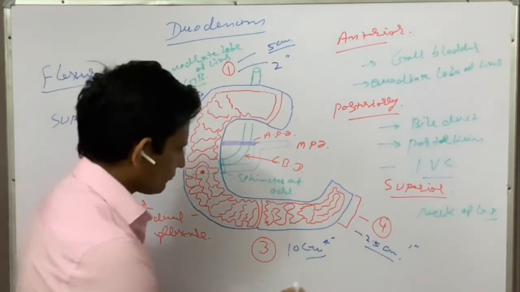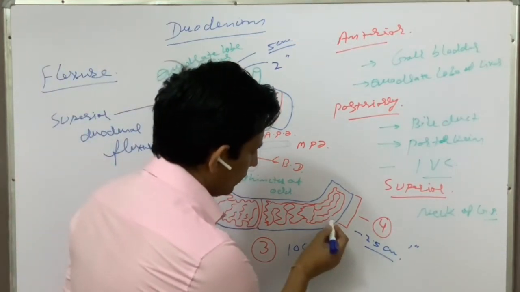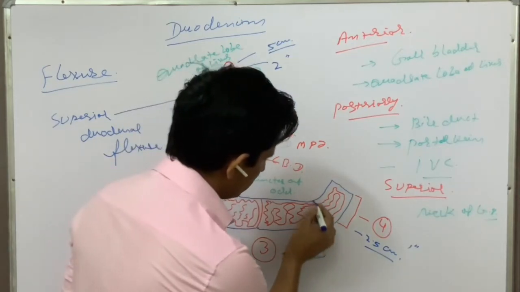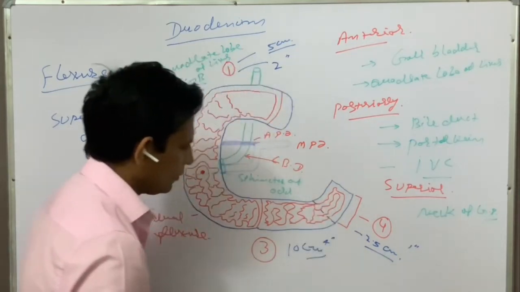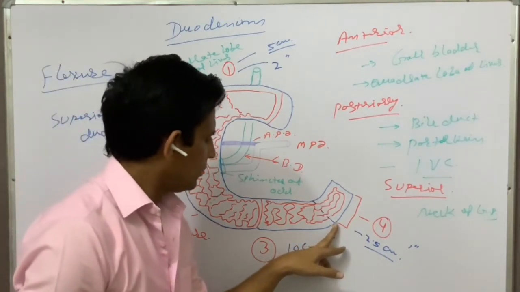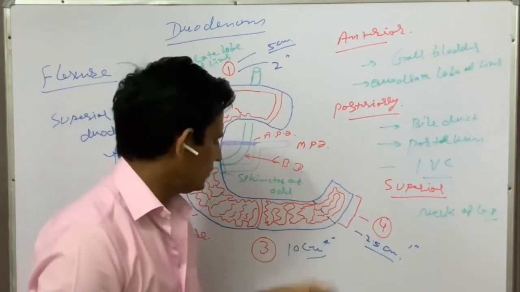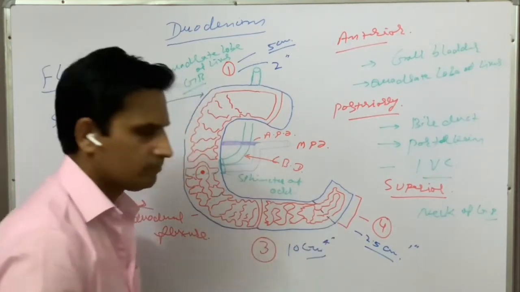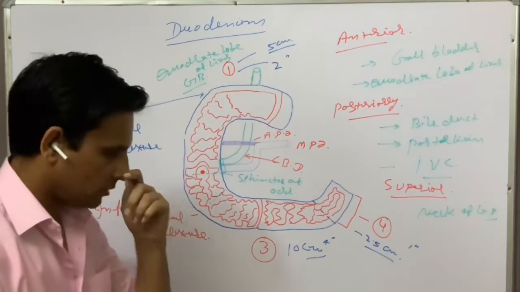Here this portion ends, where the duodenum runs upward. So from here to here, this portion is known as the third part of the duodenum.